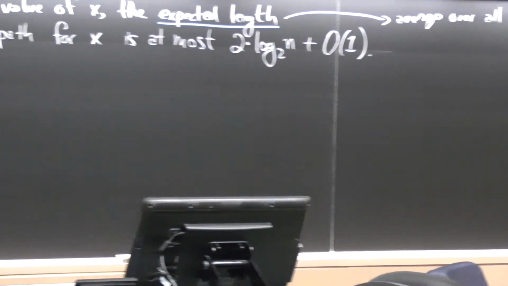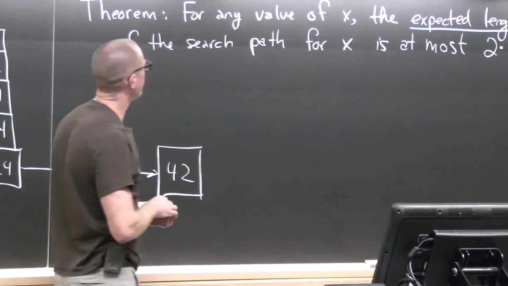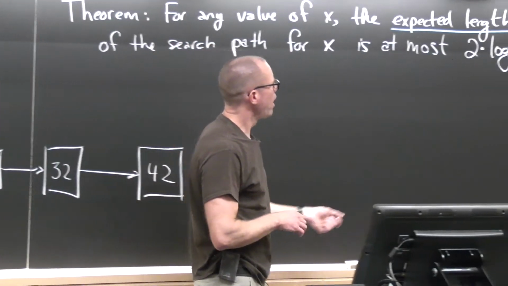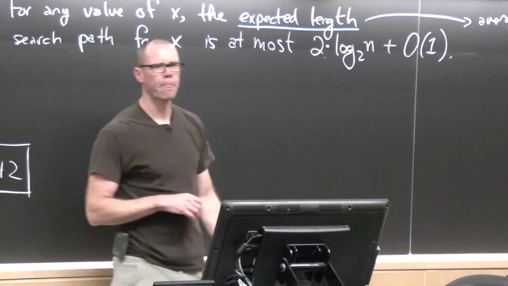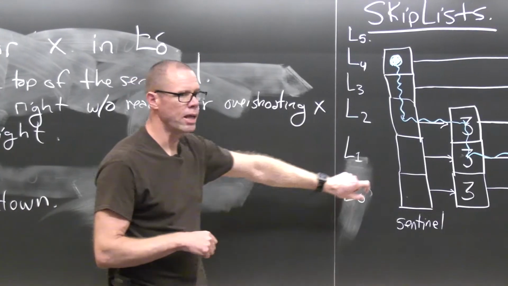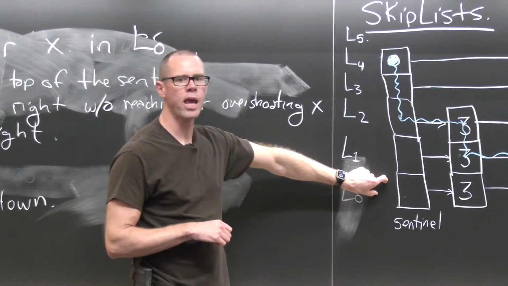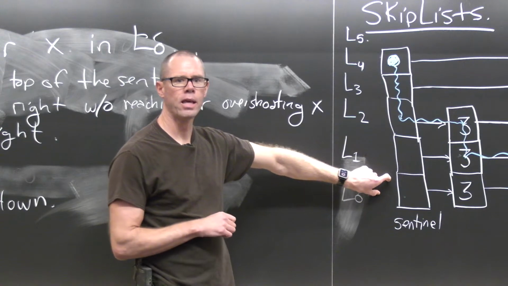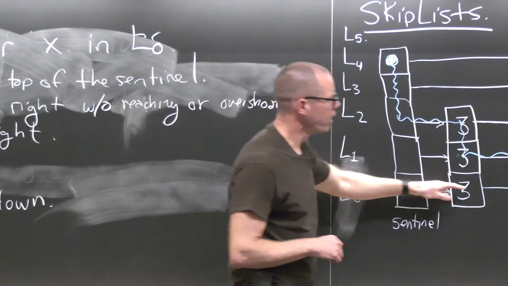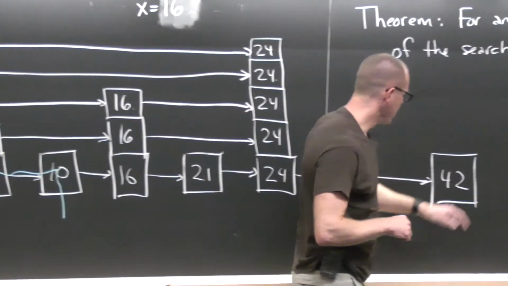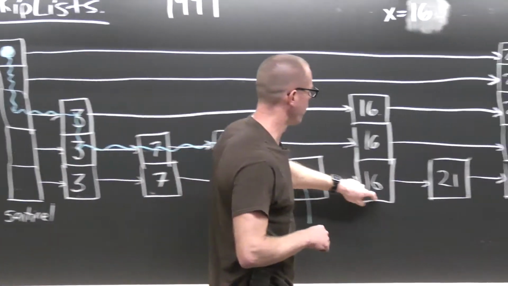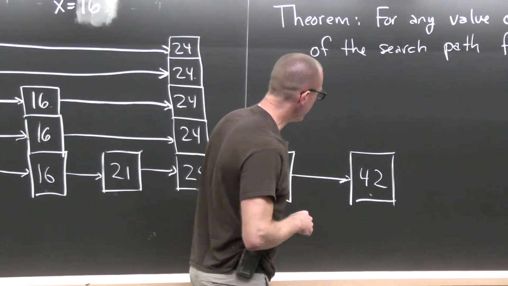And I think it's clear that you could not say that for any value of x, the length is always at most 2 log n, because I can give you an example where that's not true. Start with this list, toss n tails in a row, and all you have is this list. Now, if I take x equals 42, the only way to get to it is to walk through this entire list. And the number of elements in this list is 1, 2, 3, 4, 5, 6, 7, 8, 9.